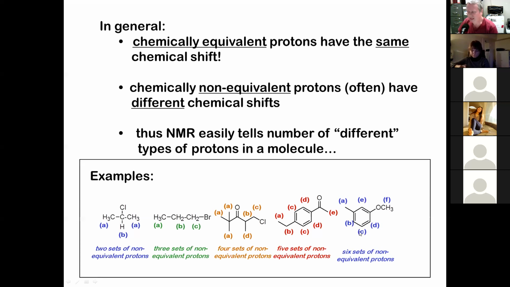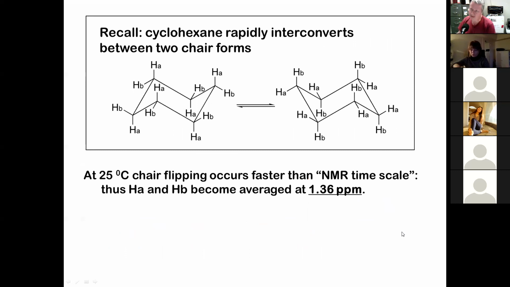But B, C, and D are all slightly different, right? B is next to a methyl. C is just in the middle of nowhere. D is next to the O-methoxy, or the CH3, right? So that's why each of these is expected to be an independent CH. Okay, cool.